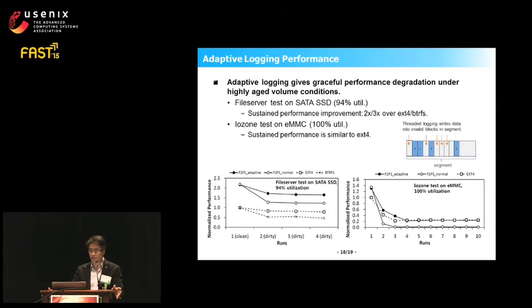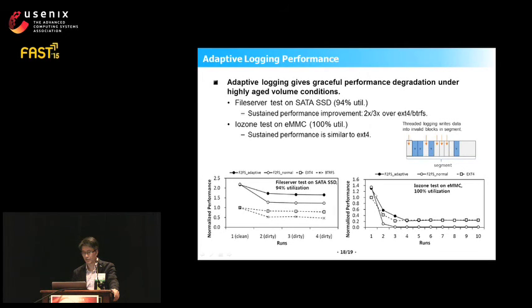In a highly aged environment, we tested the iozone test on eMMC with 100% utilization. That means we are overwriting data after filling up the whole file system volume. So if you don't use adaptive logging, the performance goes much lower than the ext4 case.